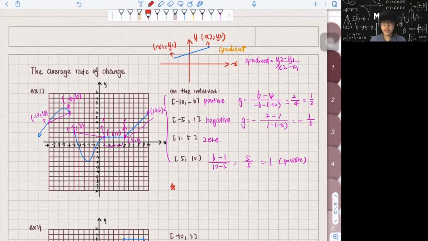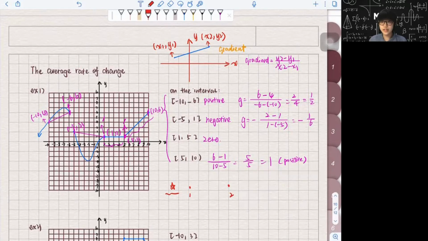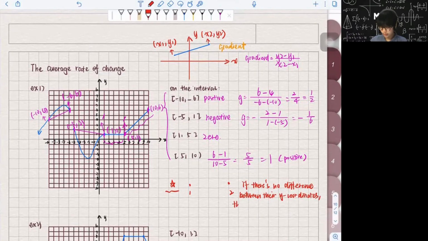So the point we need to focus on here is if we calculate the average rate of change between point 1 and point 2, if there's no difference between their y coordinates, the average rate of change is 0.